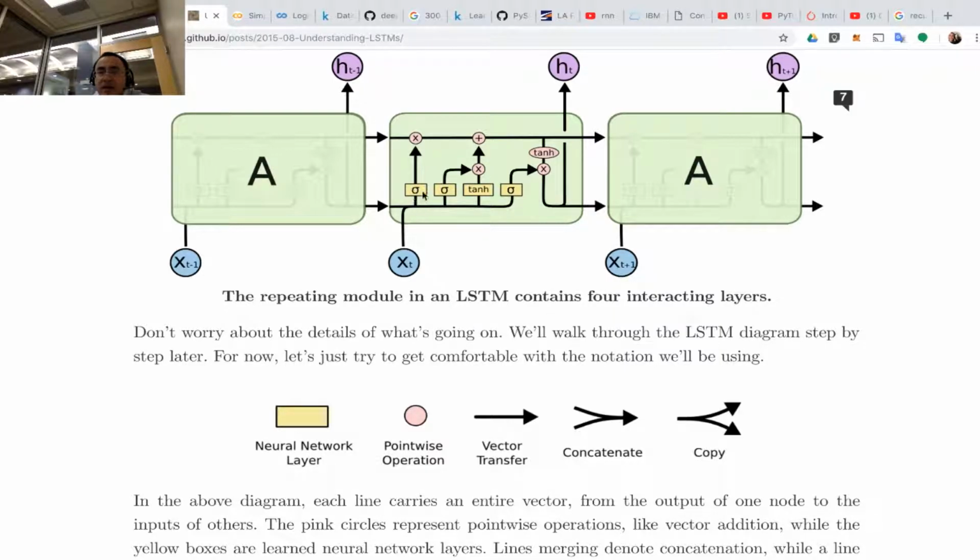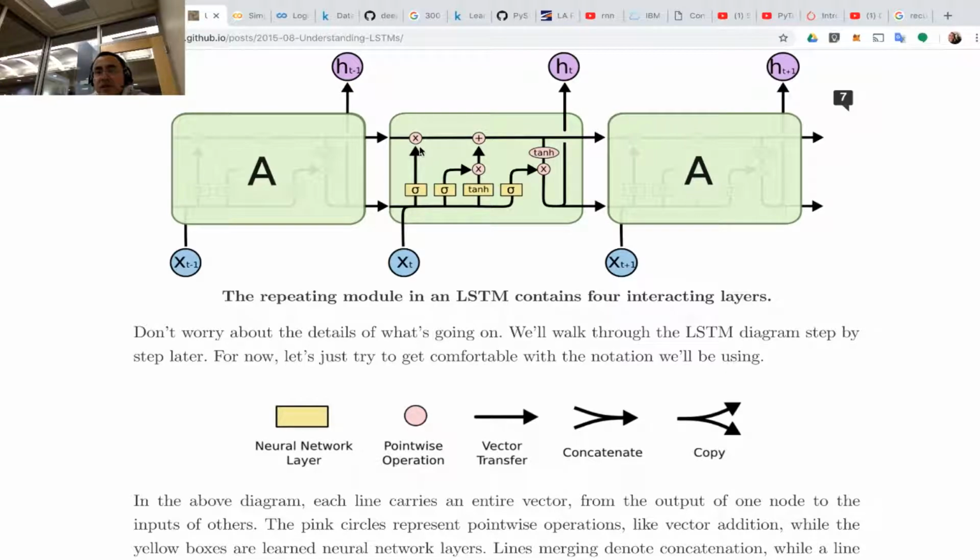So over here there are four workers. Well, you can say it's only two workers, because these three are the same: it's a neural network with the same squashing function. The difference is how they are being utilized.